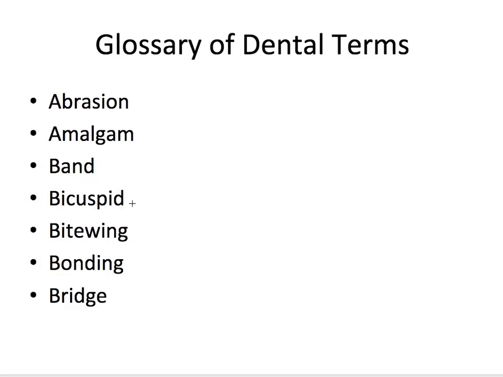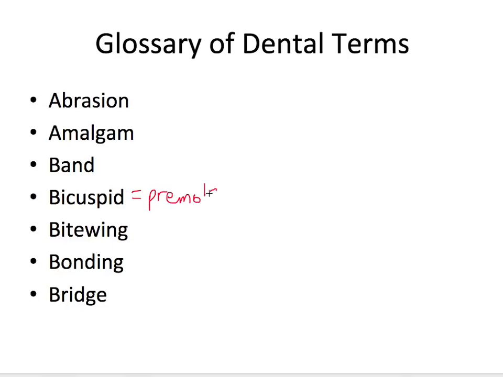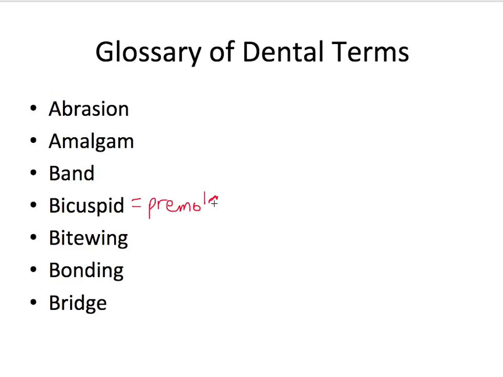A bicuspid is another name for a premolar. It's called a bicuspid because the premolar has two cusps or pointed areas on top, and the premolars, as we talked about, are located in front of the molars.